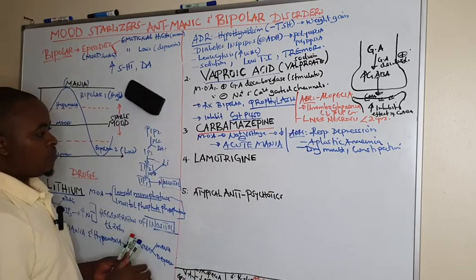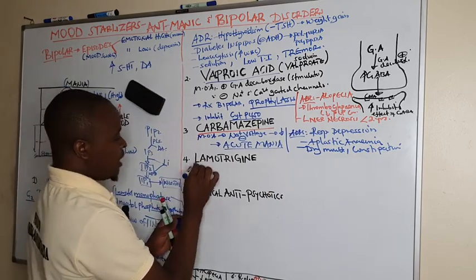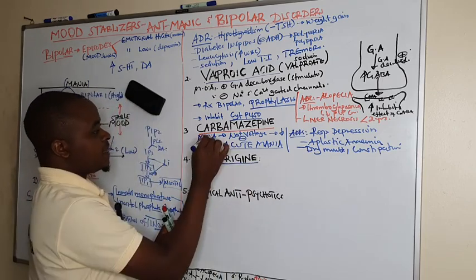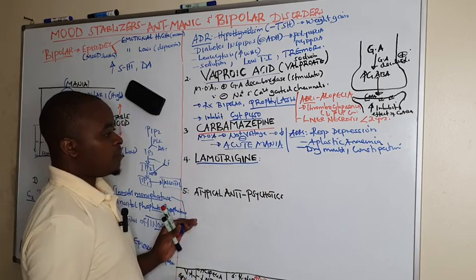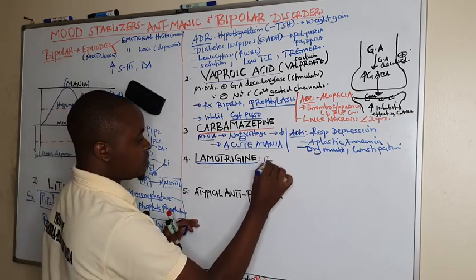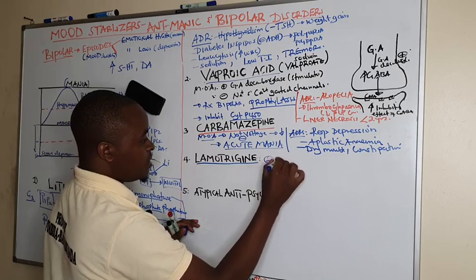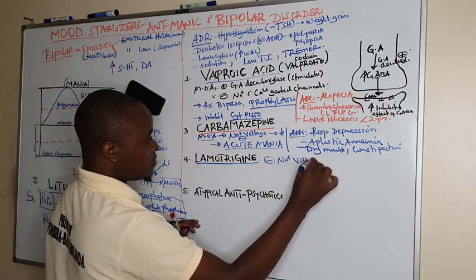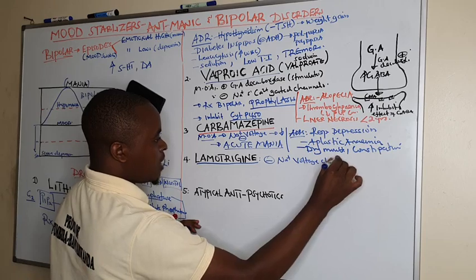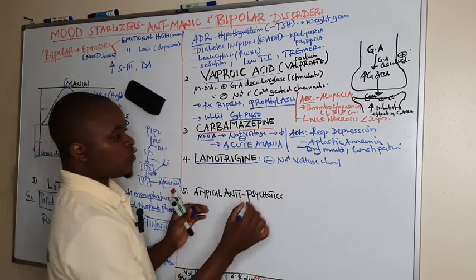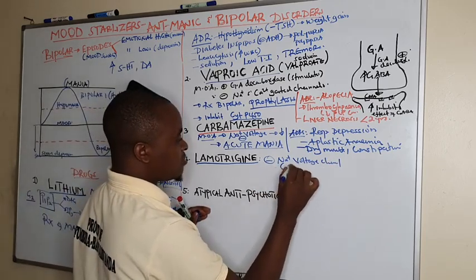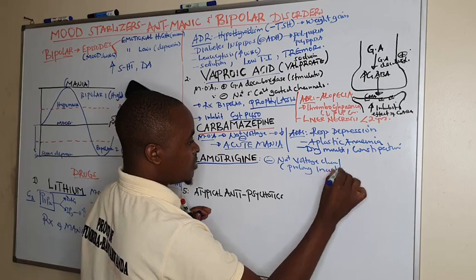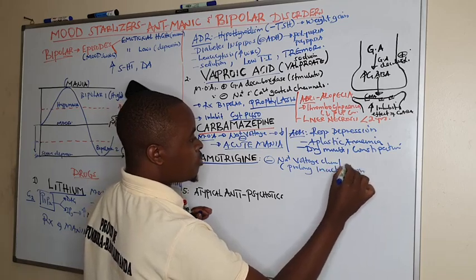Then lamotrigine is also an antiepileptic drug acting by the same mechanism as carbamazepine, by inhibiting the opening of sodium voltage-gated channels. And how do they inhibit? They prolong inactivation, or they prolong repolarization.